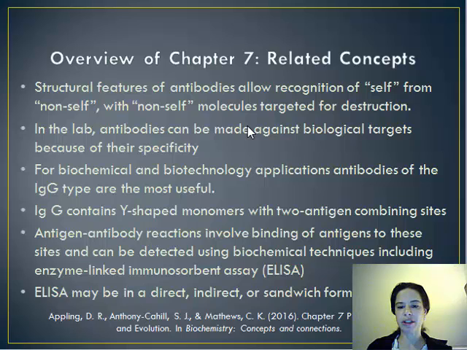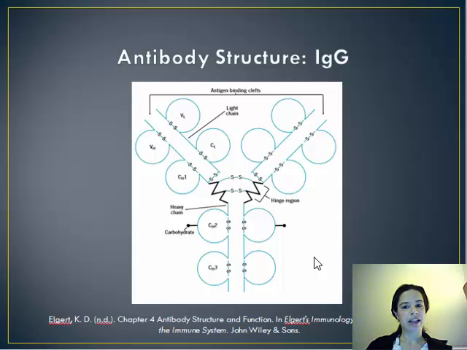It contains Y-shaped monomers with two antigen binding sites, and we have antibody-antigen reactions at those sites that can be detected with techniques such as ELISA. ELISA can be run in three different formats: direct, indirect, and sandwich. And today I'm going to be talking about the sandwich format.